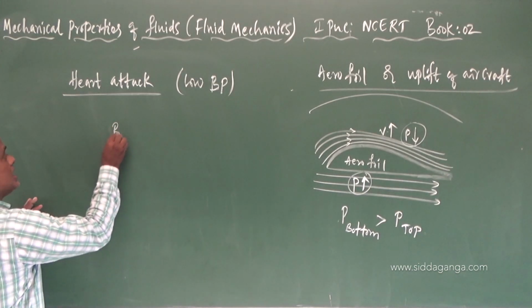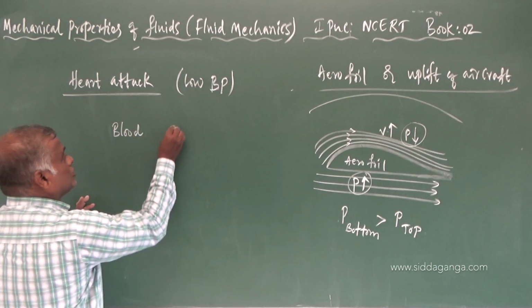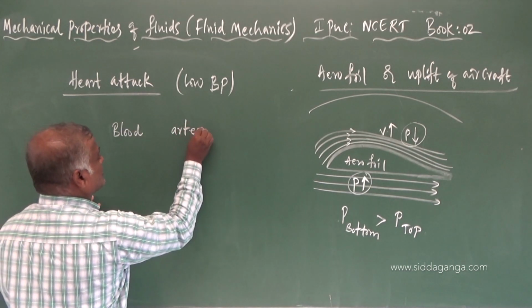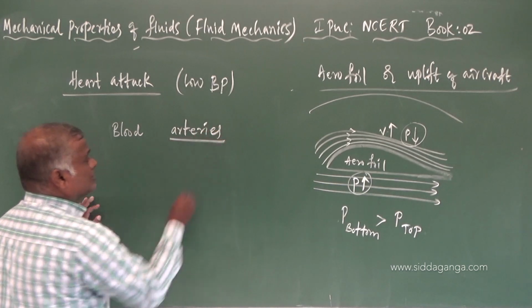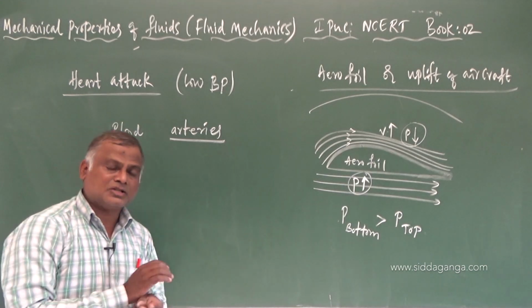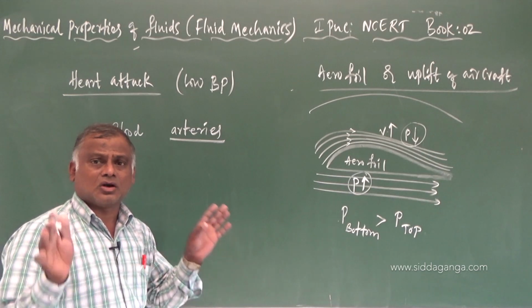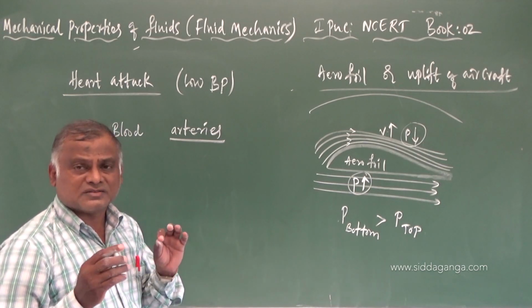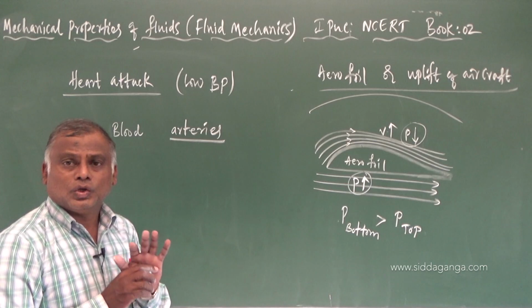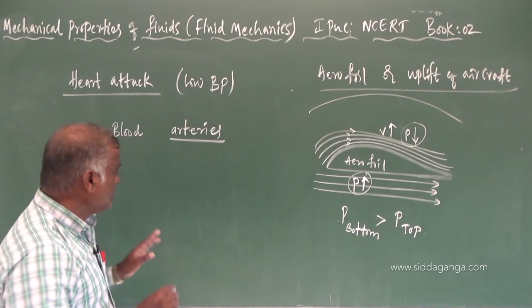There are blood carrying vessels. We call them arteries. They are blood carrying vessels. Assume that a person is well and good, no disease at all. Heart is functioning well and good. No BP, he is very happy.